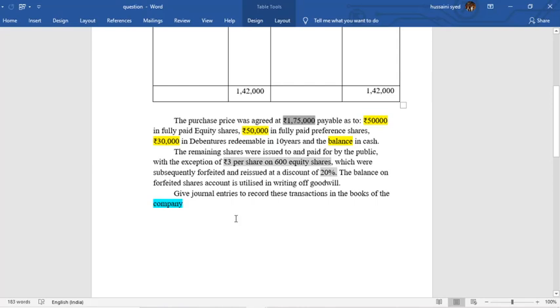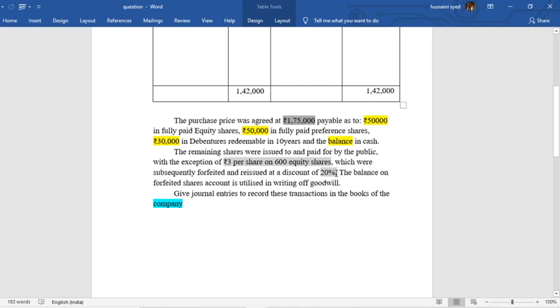When the company collects the share capital amount in installments and the shareholder fails to pay any of the remaining amount, then the company forfeits or cancels the shares of such shareholder and reissues them at a discount of 20%. The forfeited shares are being reissued. Usually these shares are reissued at a discount because they are like second hand shares.